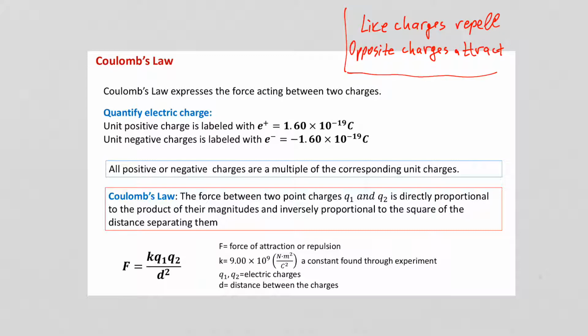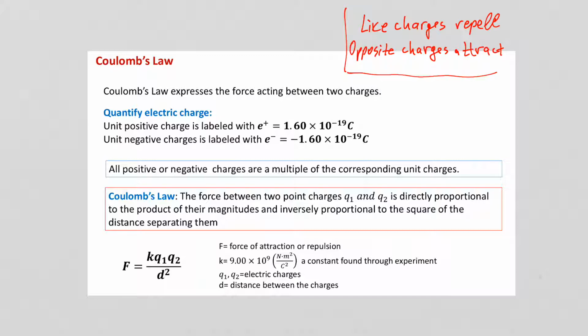So the statement of Coulomb's Law, the law that calculates the electric force between charged objects, is as follows. The force between two point charges, Q1 and Q2, is directly proportional to the product of their magnitudes and inversely proportional to the square of the distance separating them.